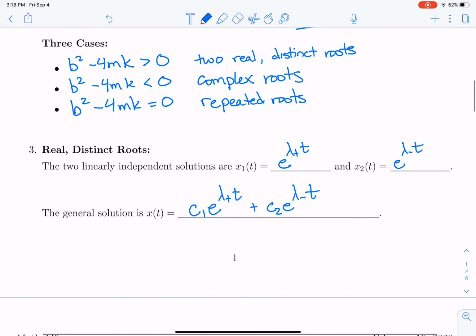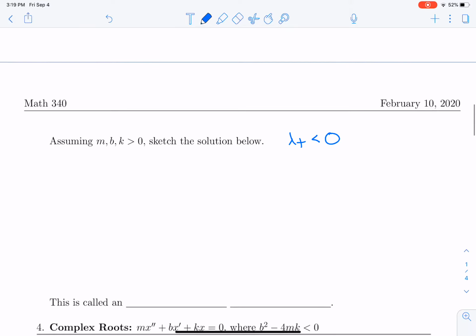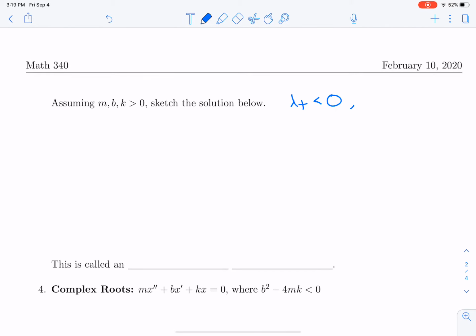But looking back, I can also see that lambda minus is going to be negative, because lambda minus is the negative b over 2m minus the square root. And so everything there is negative. So lambda minus is also going to be negative.